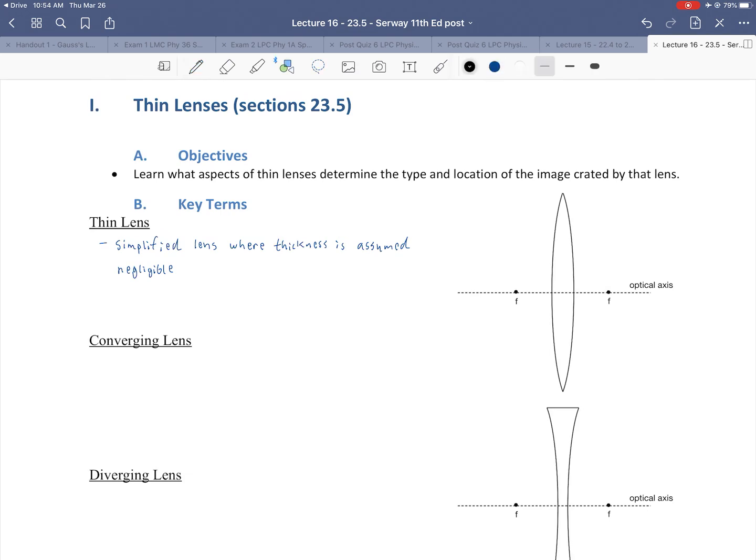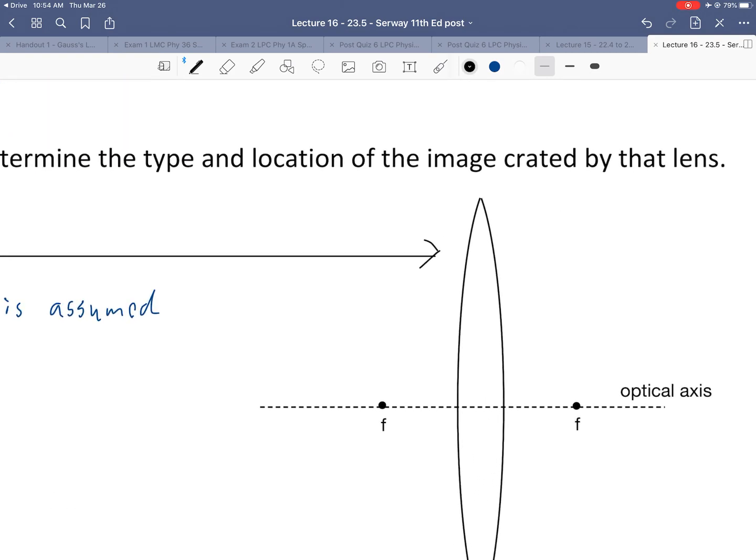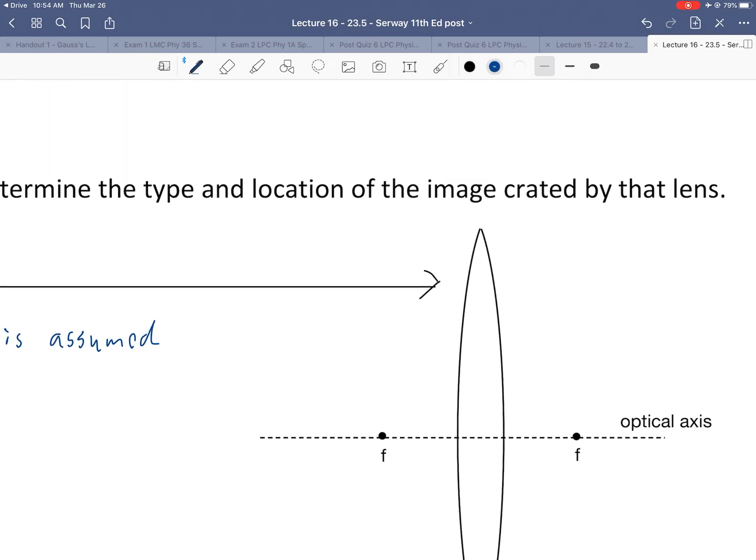So, to illustrate that idea, let me show here what real refraction would look like, and then what the thin lens approximation looks like. Okay, so here we'll do it in blue.